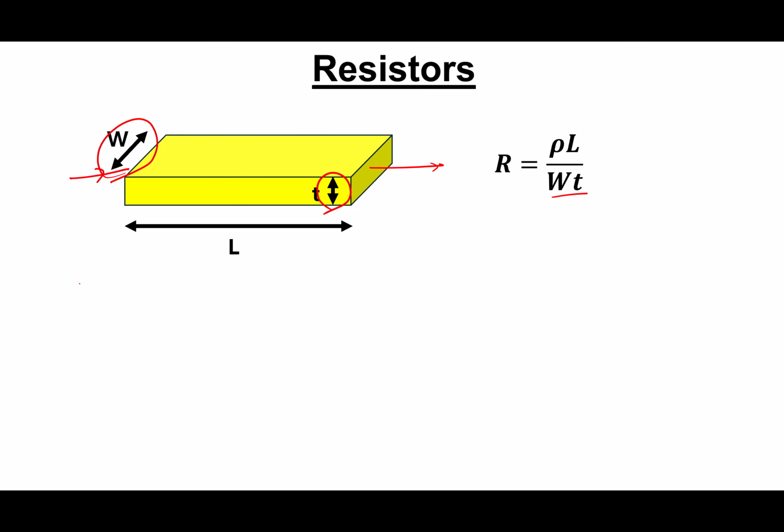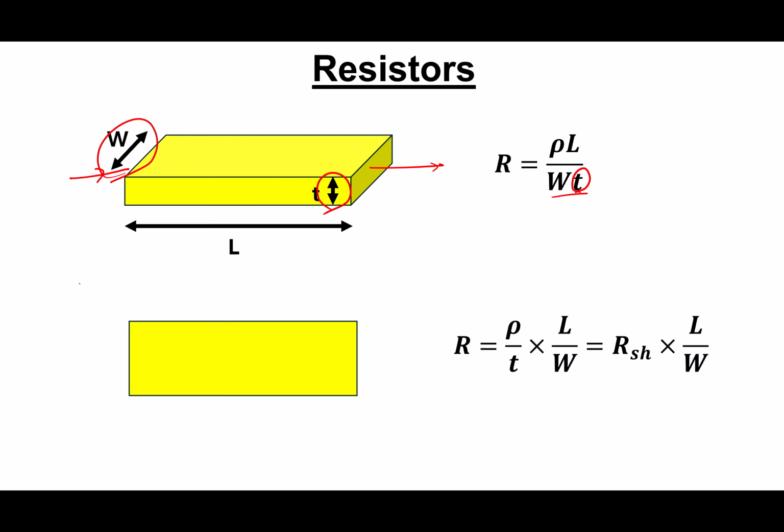As I already mentioned, this thickness is not under your control. And if I look at the top view of this, it's going to look like a nice rectangle. In this expression, we typically take rho and T outside because they are not under your control, they are already fixed. So this is denoted as sheet resistance.